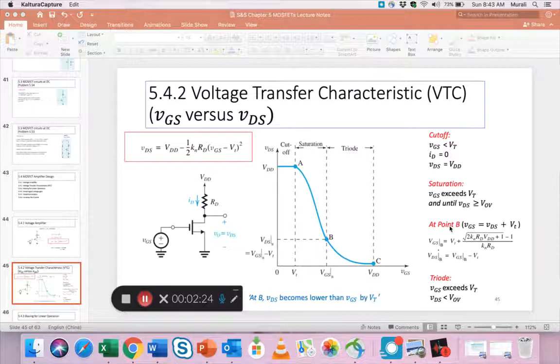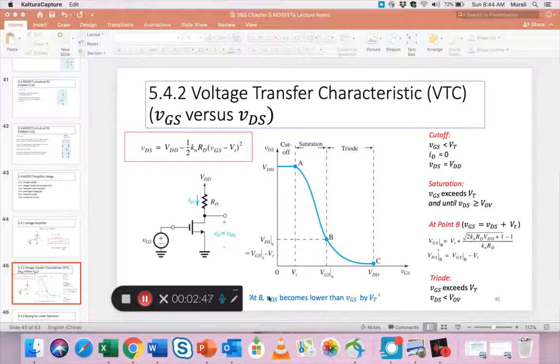That's the right way to do it. Instead of writing VDS greater than VOV, I changed it to VGS equals VDS plus VT at point B, because that's the way the textbook describes it.